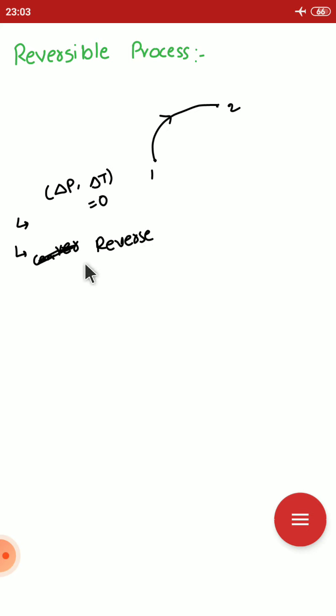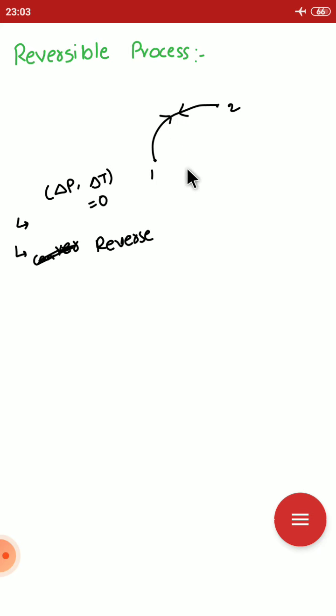Okay, it is clear. Once again, when the system changes its states undergoing the condition where the driving force is zero, the system is undergoing a reversible process. The reversible process can go in either direction without affecting the system and surroundings.